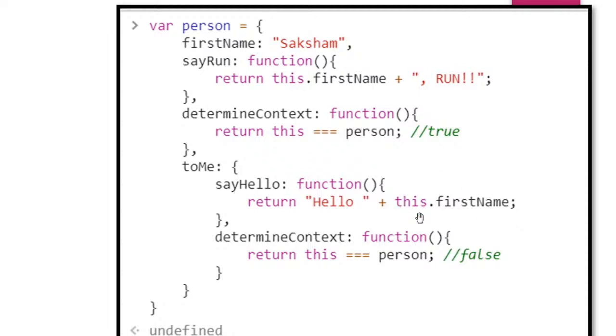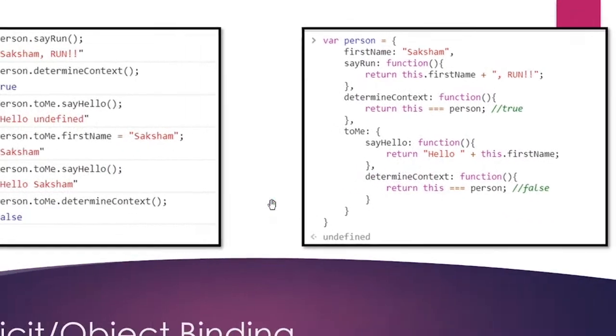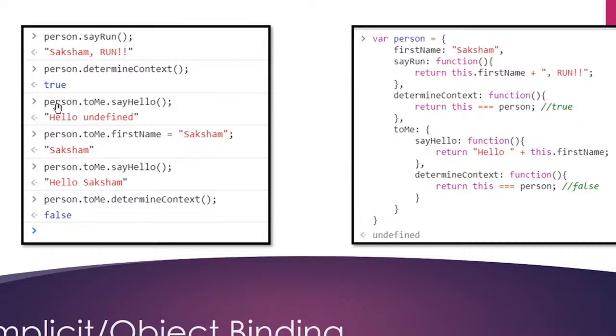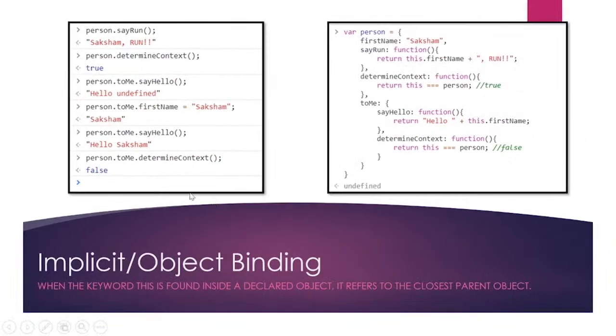But as we don't have a firstName assigned to toMe, that will just give undefined. If I say person.toMe.sayHello, it will give hello undefined, because this.firstName is not defined in this context. And in this case, determineContext will give me false. So person.toMe.determineContext will give me false.